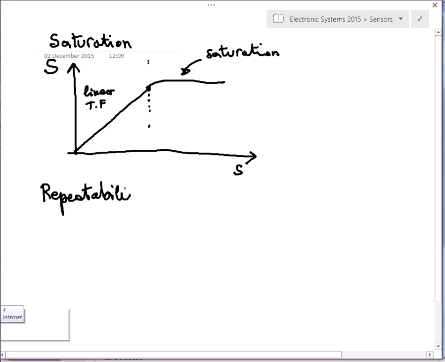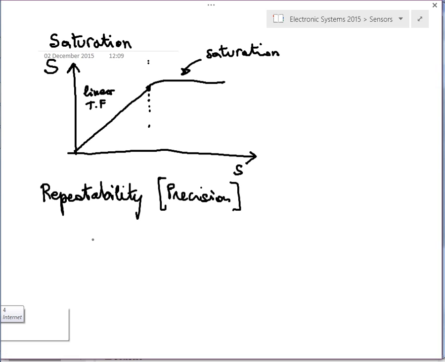We have repeatability, which is also called precision. In Italian it is precisione, actually that is the word that is used. It takes into account a different aspect, the fact that when you repeat the measurement in precisely the same conditions you can obtain different results.